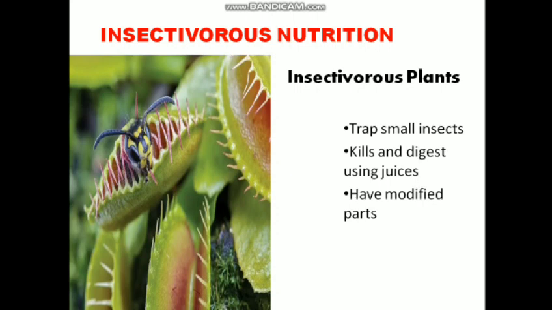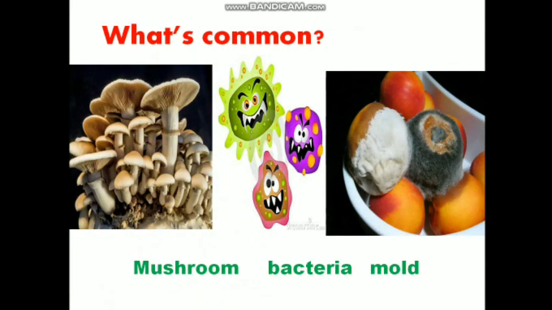Now let's try to understand what mode of nutrition fungus, mold, and bacteria have. So they have some mode of nutrition. Let's try to understand what mode of nutrition they have. As you see from the picture, what do these three things have in common?